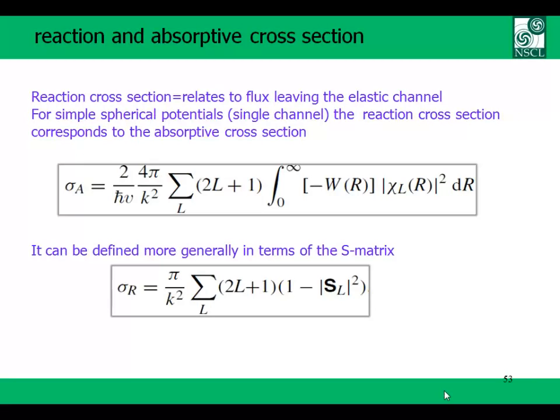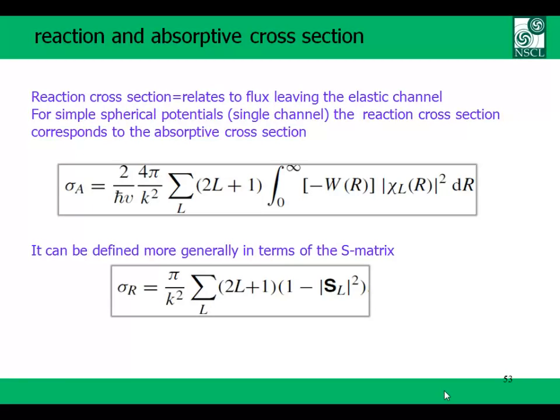Now, because we've got imaginary potentials, we're going to have flux that goes away from the elastic, and we're going to call that cross-section an absorption cross-section. So the cross-section would then be just the overlap of the absorptive part of the interaction and the wave function squared, summed over all the partial waves weighted in the correct way by 2L plus 1. So one can calculate an absorption cross-section in this way.